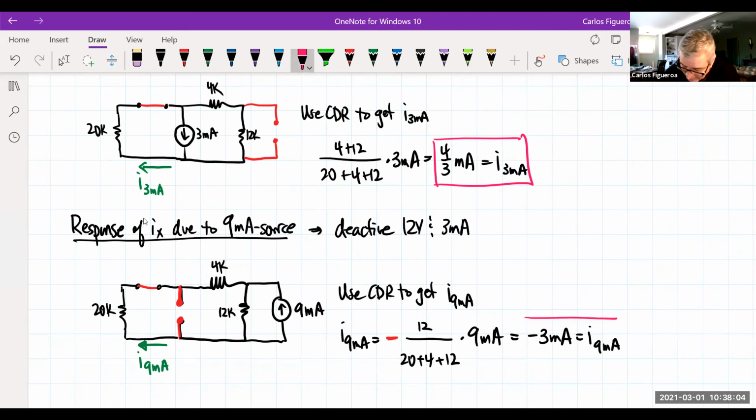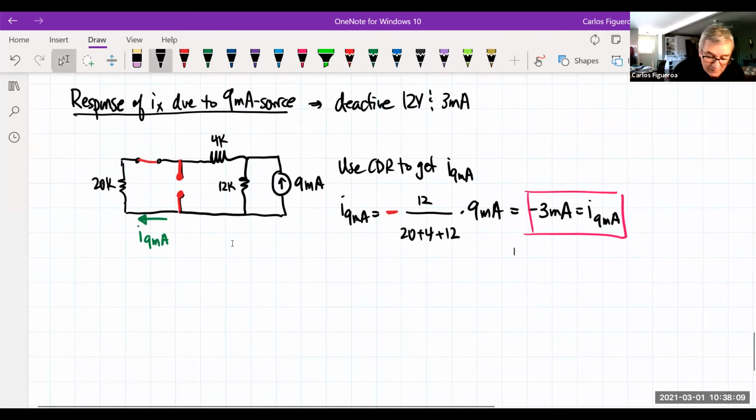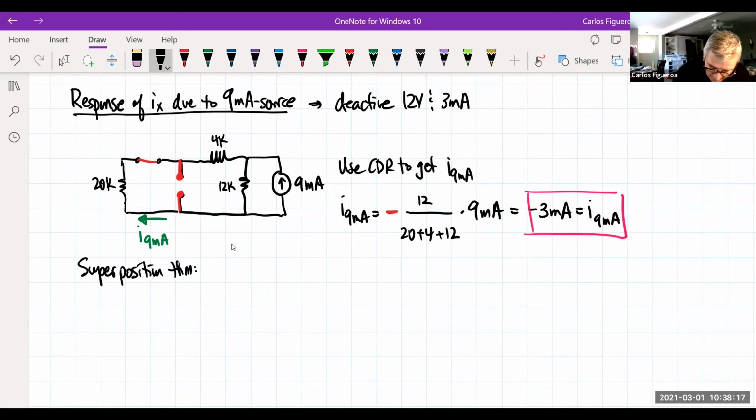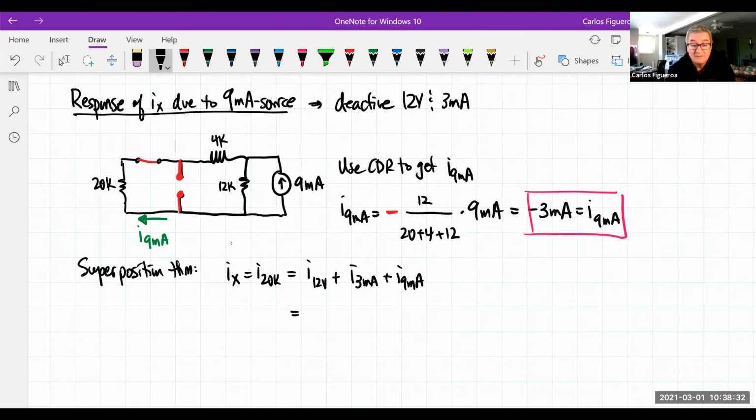So now I have 3 currents. So what does superposition tell me? Then superposition says that if I want the current across the 20K, it's going to be the contributions of the 12 volt, the 3 milliamp, and the 9 milliamp, which then gives us that you're going to find a value that this is going to be minus 1/3, 4/3, and this is minus 3.